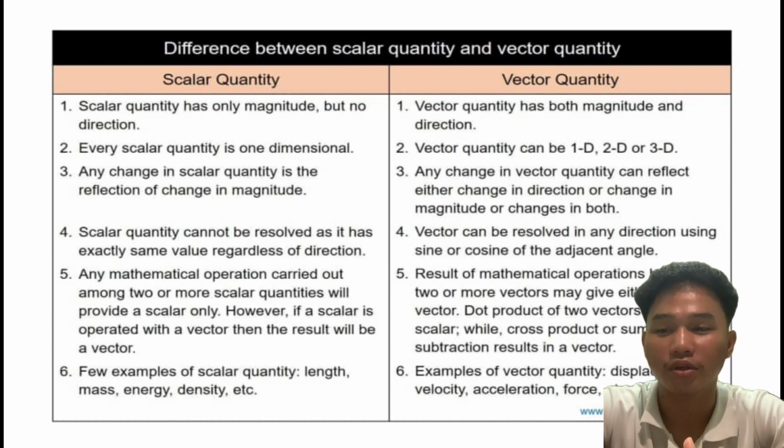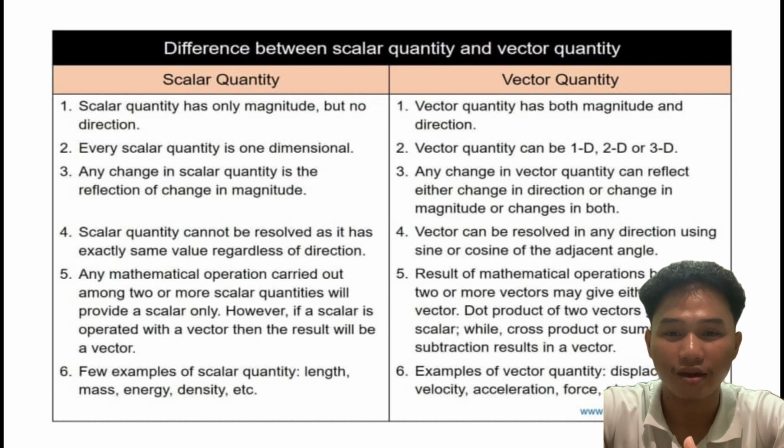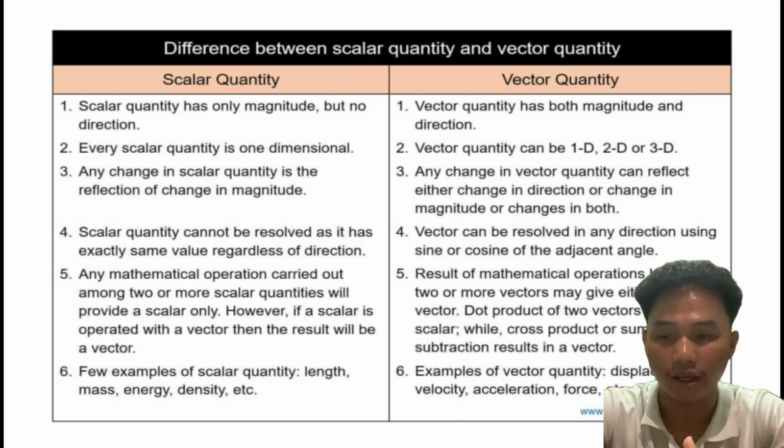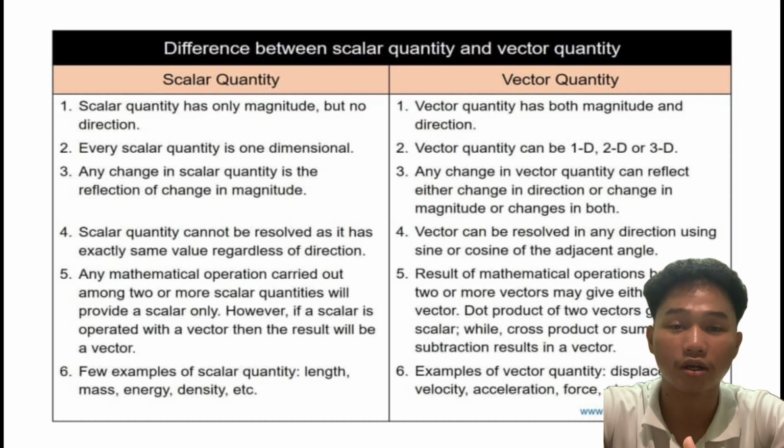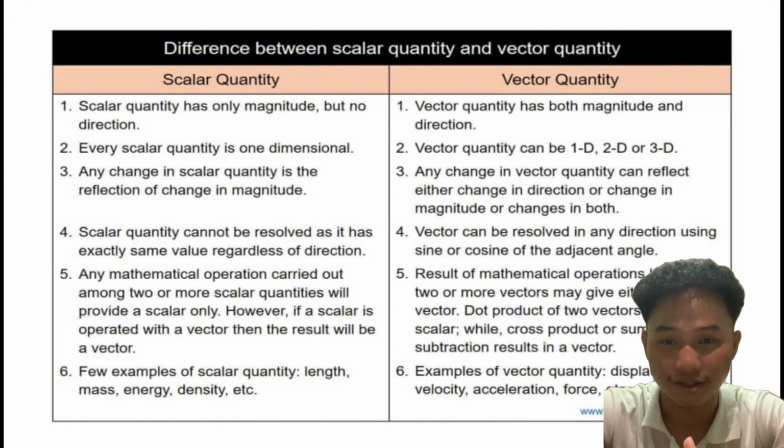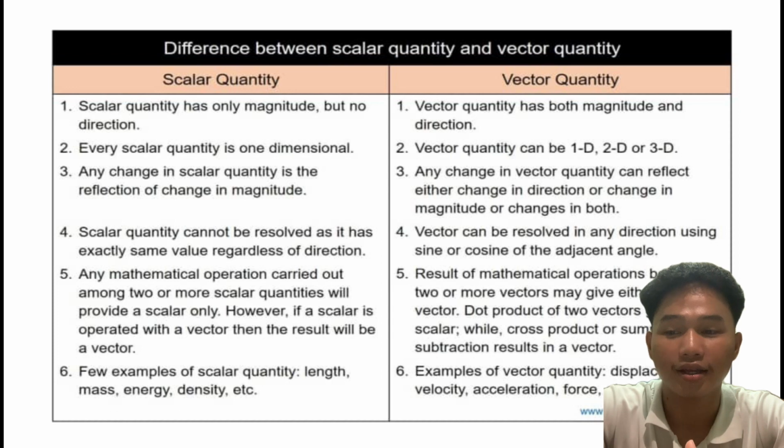Scalar quantity cannot be resolved as it has exactly the same value regardless of direction. 5. Any mathematical operation carried out among 2 or more scalar quantities will provide a scalar only. However, if a scalar is operated with a vector, then the result will be a vector. And the last one, few examples of scalar quantity: length, mass, energy, density, and etc.